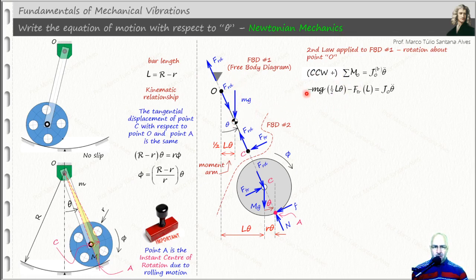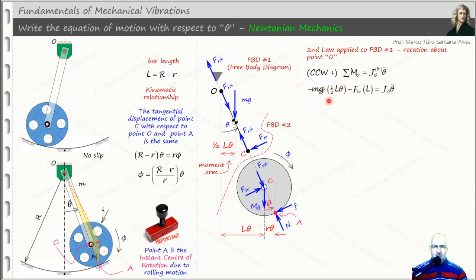The minus sign is because the moment generated by the weight force rotates the bar clockwise, but in this case counterclockwise is positive. For this reason, you need to put the minus here: the force times the moment arm.